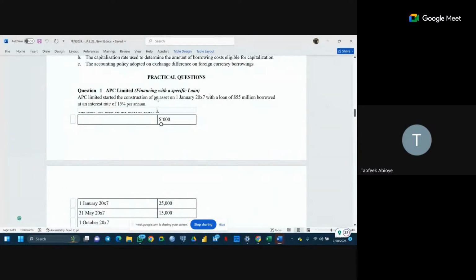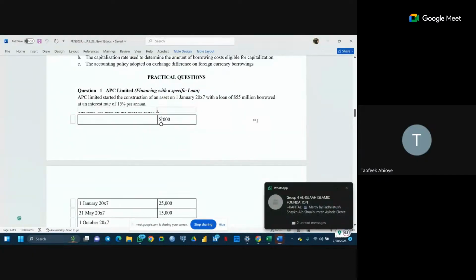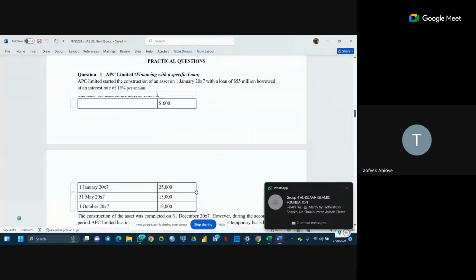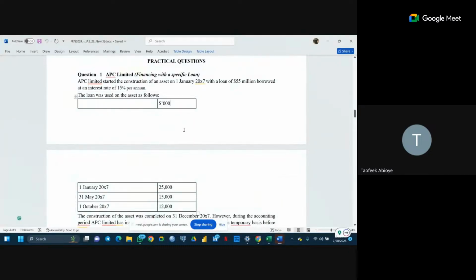January. APC Limited started construction of an asset with a loan of 55 million borrowed at an interest of 15% per annum. So the fund was disbursed to the company on 1st of January 2007. They made their first withdrawal on 1st of January 2007.